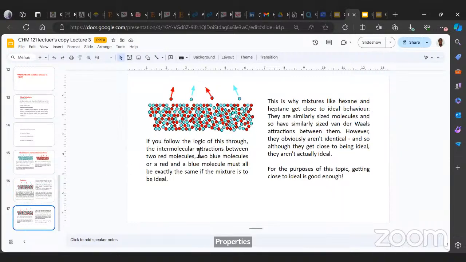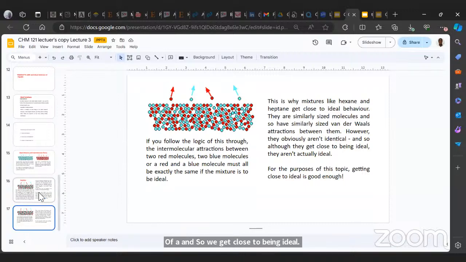If you follow the logic through, intermolecular attraction between the two red molecules and two blue molecules will be exactly the same if it's an ideal mixture. That is why hexane and heptane get close to ideal behavior, because their sizes are similar, molecules interact the same way, the van der Waals force of attraction between them will be the same, and so we get close to being ideal.